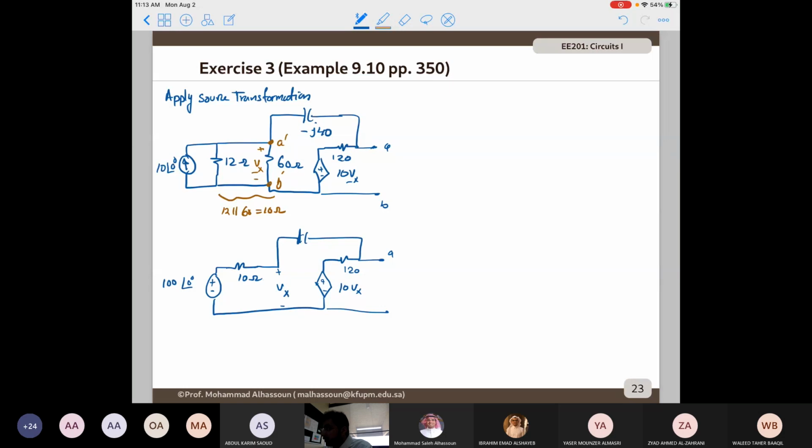This is Vx. Okay, so let's see what I have in here.